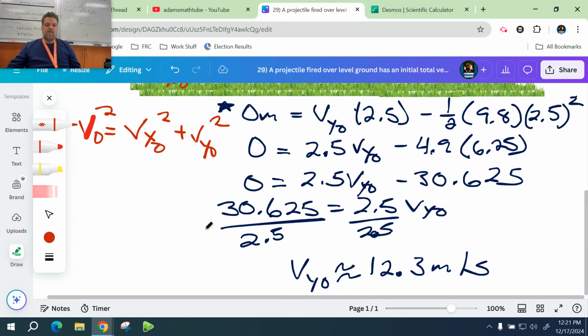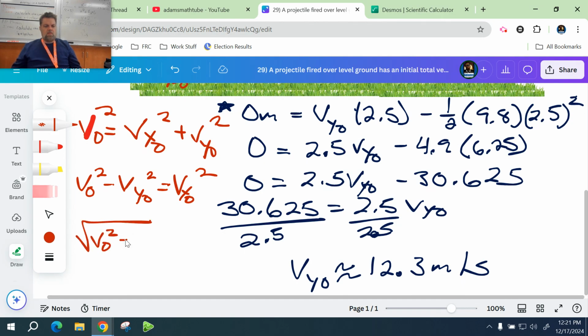So if you take the square root of both sides, well, actually, we're going to solve for Vx. So V naught squared minus Vy naught squared is equal to Vx naught squared. I'm trying to hurry up, and I don't need to. Then you take the square root of both sides.